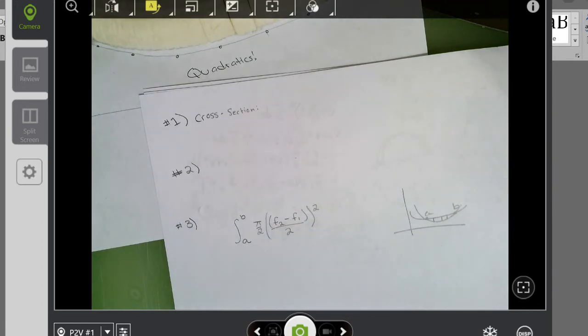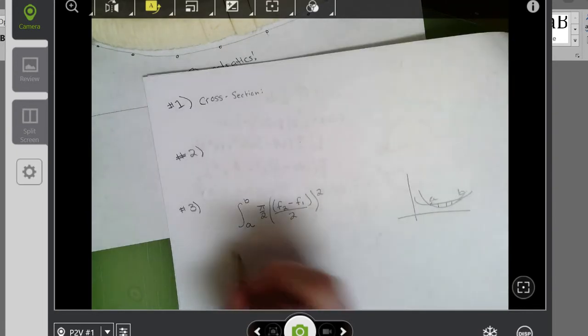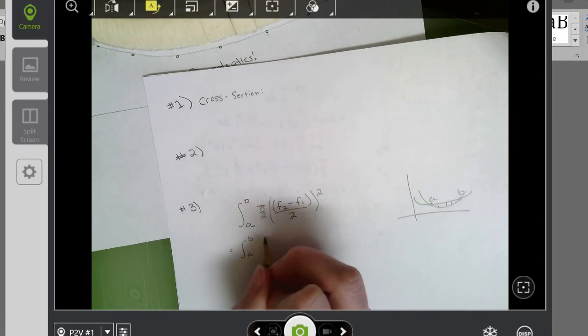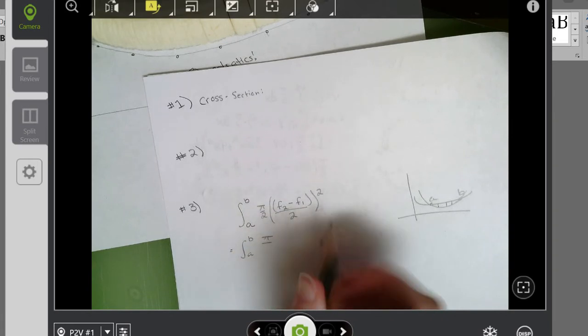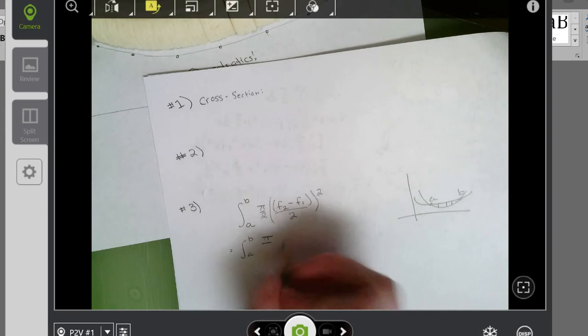So what we'll end up with once we simplify this a little bit is the integral from a to b of a pi over, well, when I take this square, I can distribute it. It affects both the top and the bottom separately. So if I square the bottom here, I end up with a 2 squared, which is 4, times another 2, which is 8.